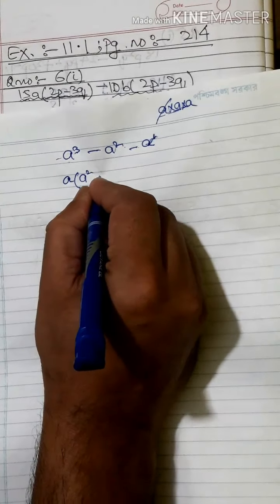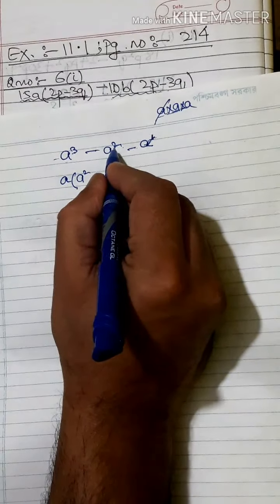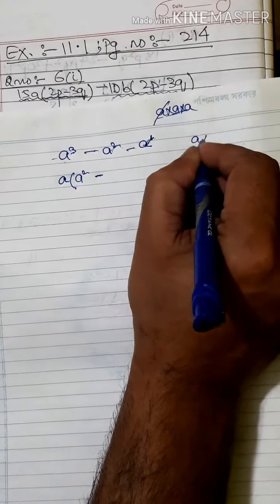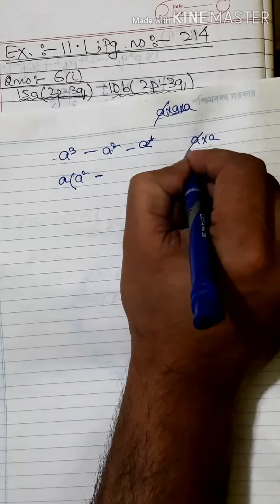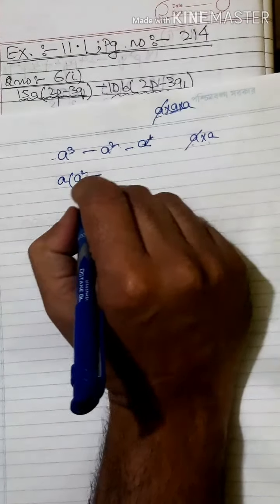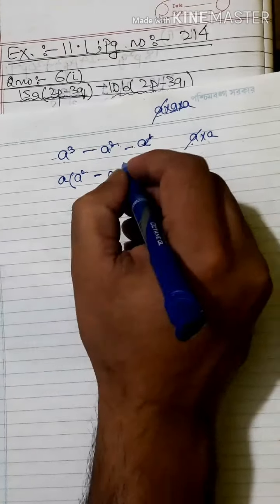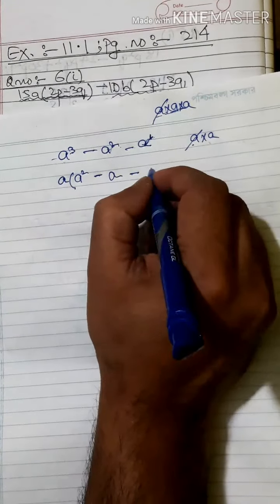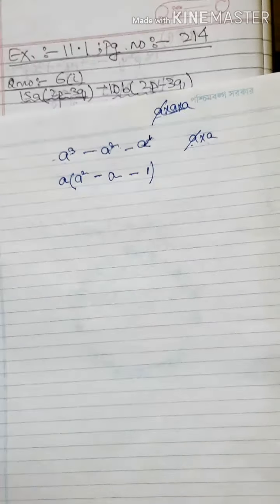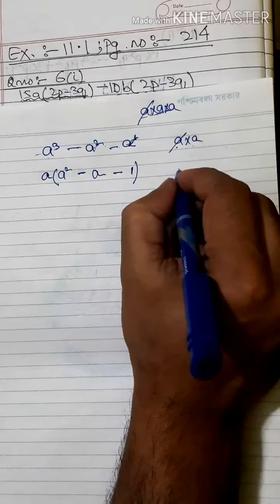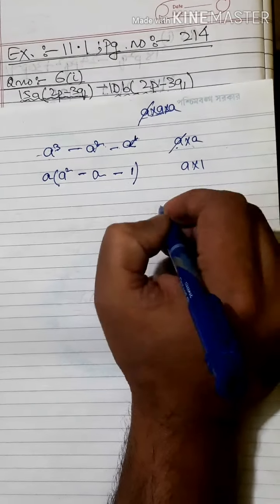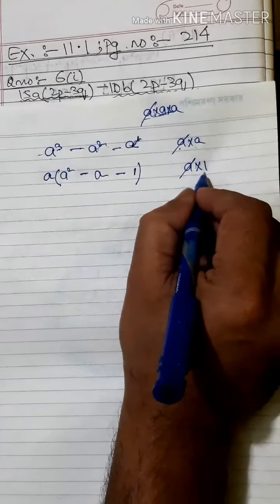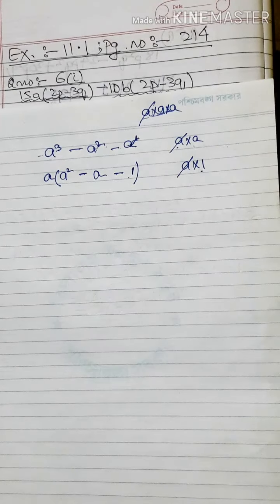Minus, out of the a square, a square means a into a, so if you have taken a as common, a is left over. Minus, out of the a, we have already taken a as common, so 1 is left over here. Why? Because a means a into 1, so if you have taken the a common, 1 is left over here.